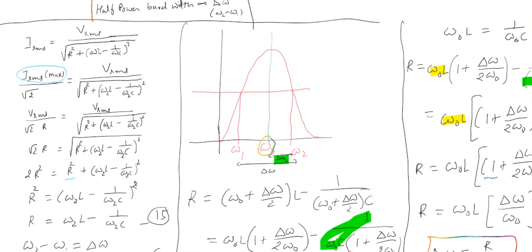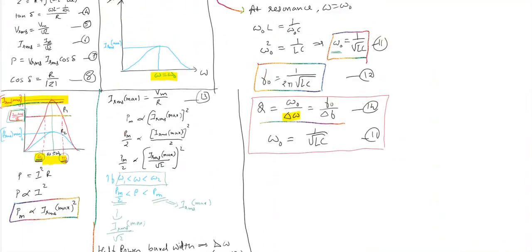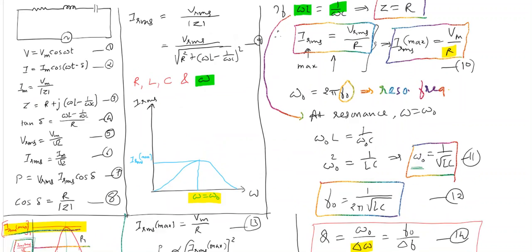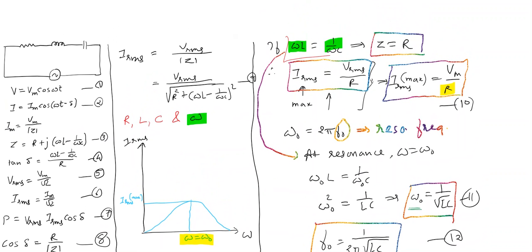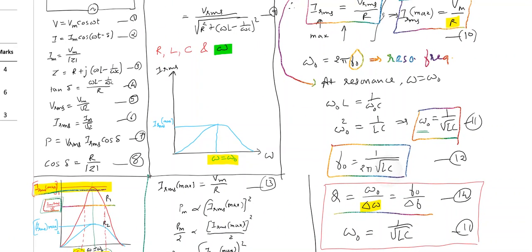What is resonance condition? Resonance condition is when IRMS of the circuit becomes maximum. When does IRMS become maximum? When impedance becomes minimum. When does impedance become minimum? Impedance becomes minimum when this condition is satisfied, when inductive reactance and capacitive reactance become equal. At that time Z becomes minimum, IRMS becomes maximum, and that is the resonance condition.